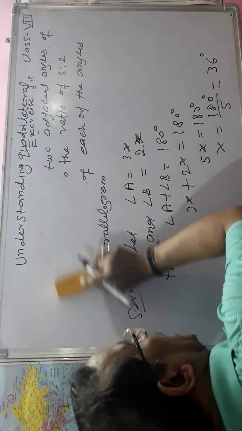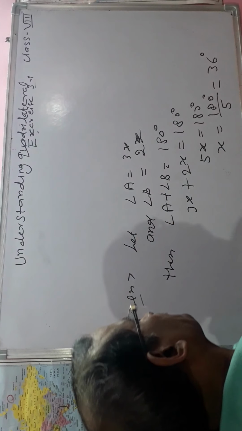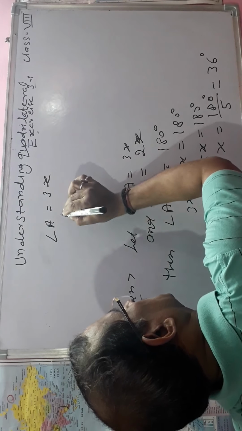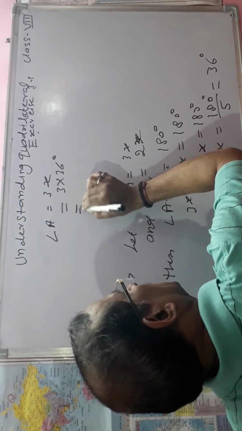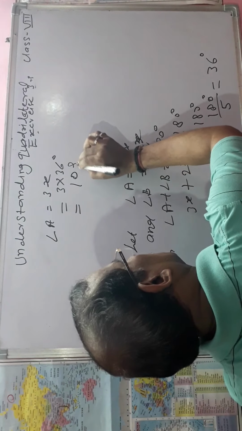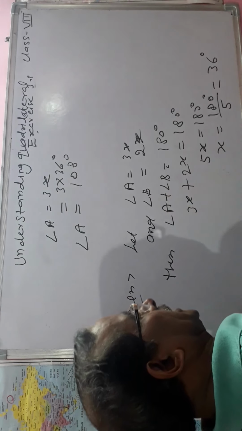Now angle A is equal to 3x, so we have to find out the angle A is equal to 3x. 3 into x, 36 degree, is 108 degree. Angle A is equal to 108 degree.